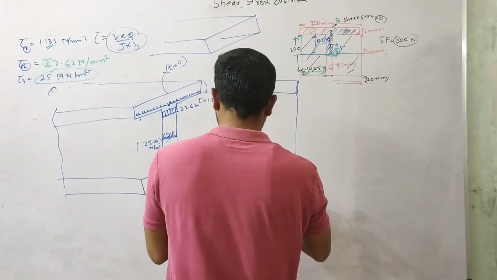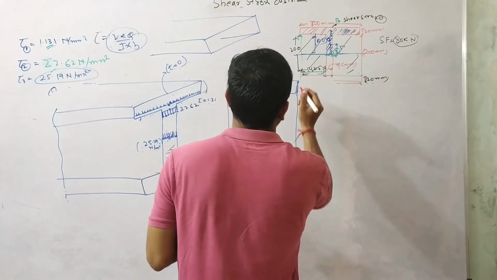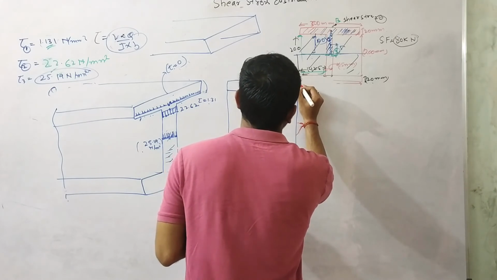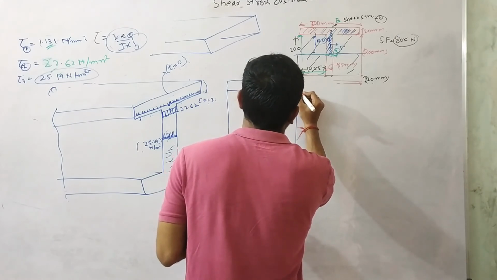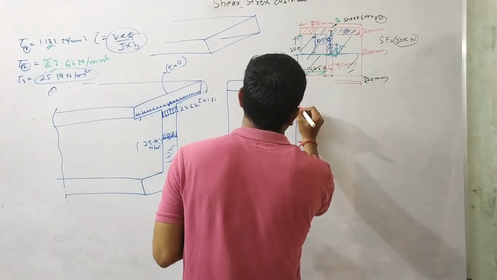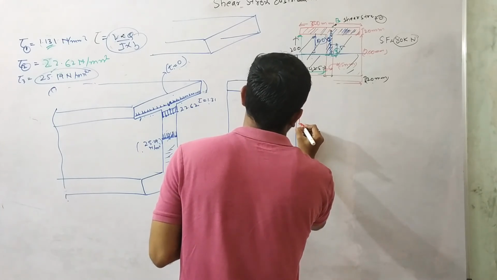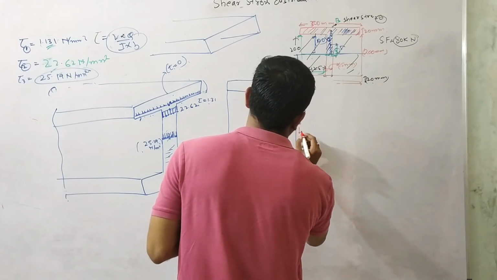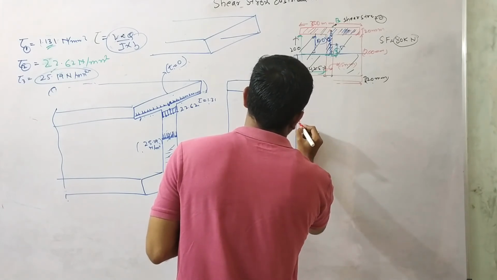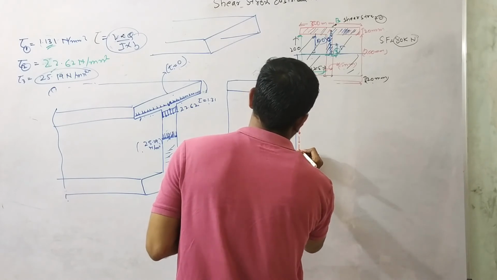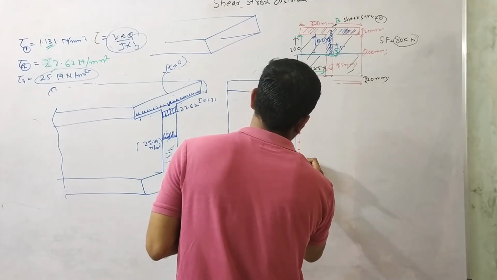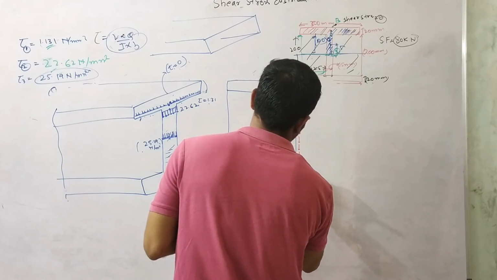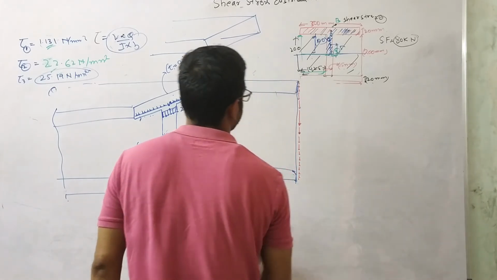The vertical shear will distribute like this. Okay, its value will reduce.